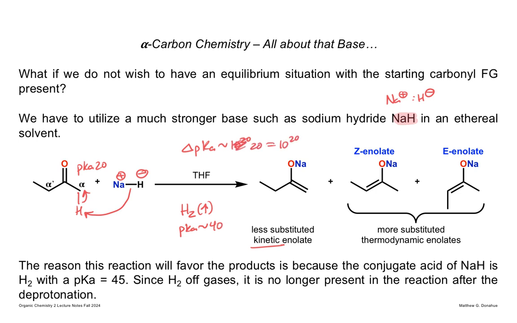And the difference in acidity is 10 to the 20. And that's why we can use that arrow, which is telling you that the ketone and the base are all consumed. You no longer have that in the reaction. You just have your enolates.